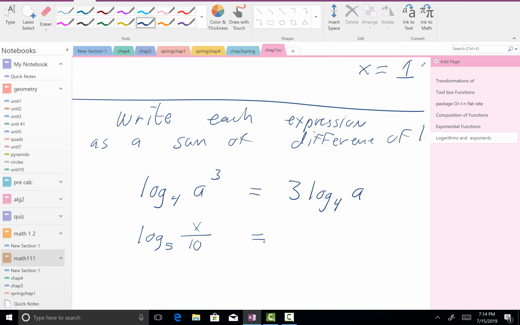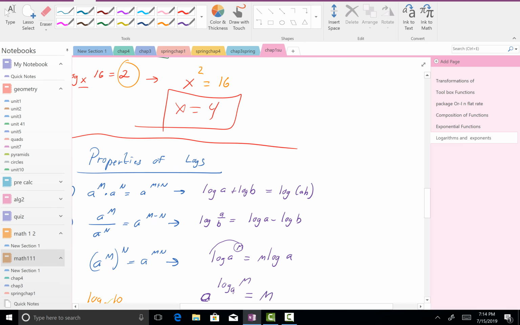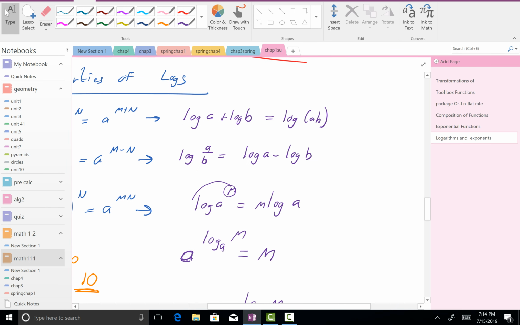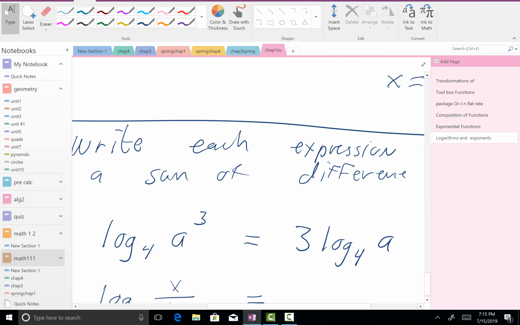So here, we've got the log base 5 of x over 10. So I go back up here and find my properties of logarithms. There they are. I notice that I have a minus b is a over b. So come down here, that's what I'm going to use.